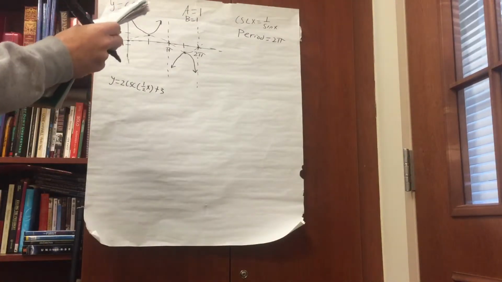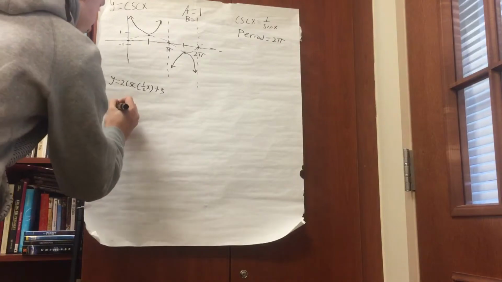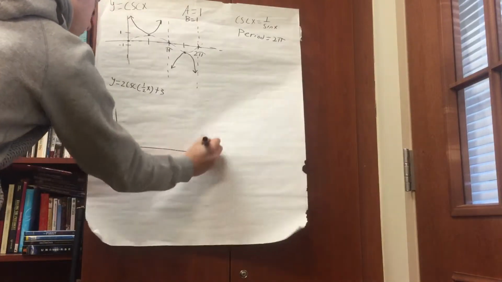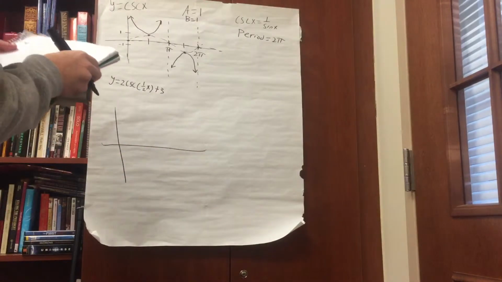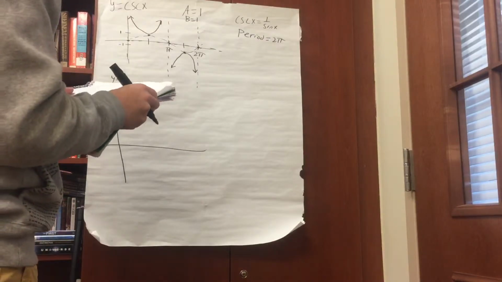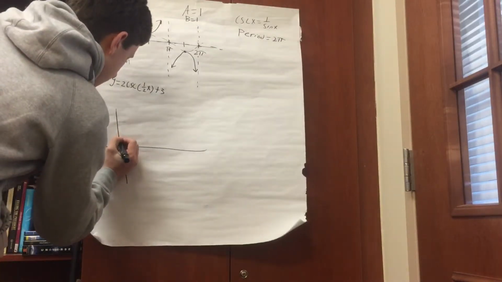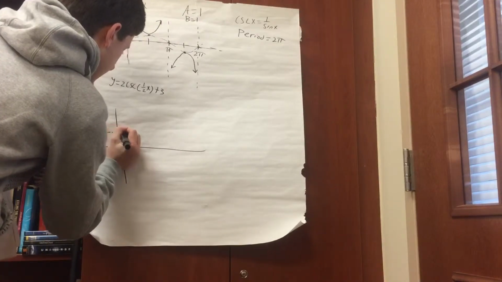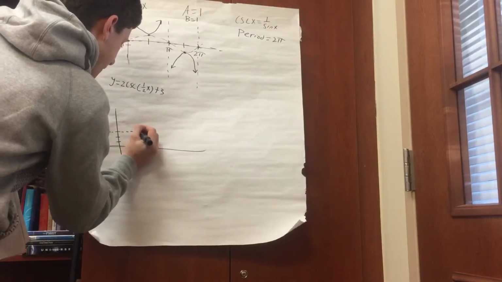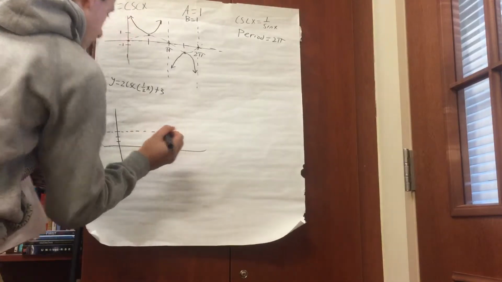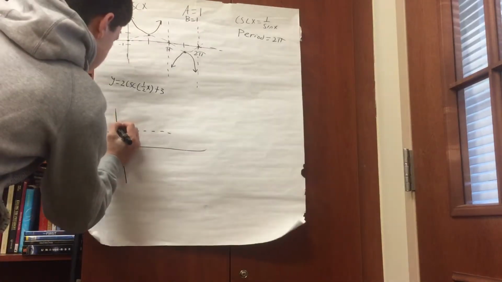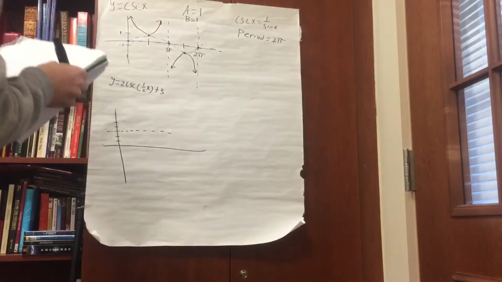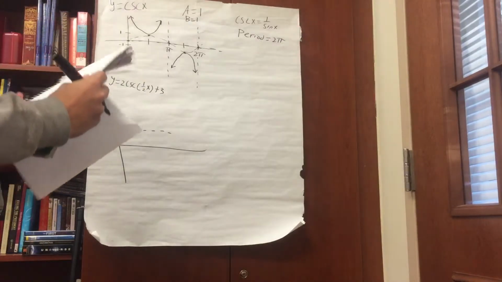So the first thing you have to recognize, once we put this down, is that the vertical shift is 3. So right off the start, whenever it crosses the x-axis, it's going to be on 3. I'll just throw in 2 more. And then the amplitude is 2.